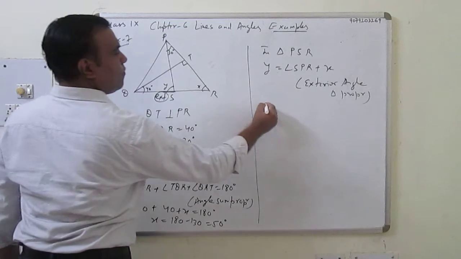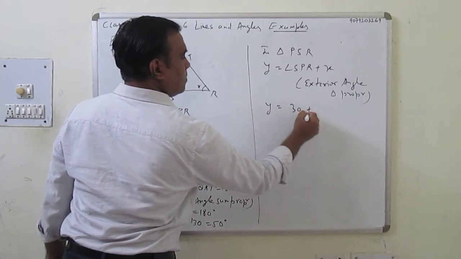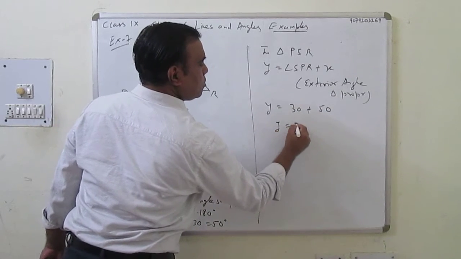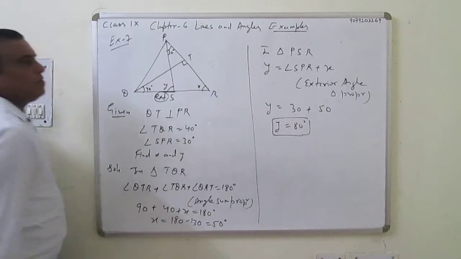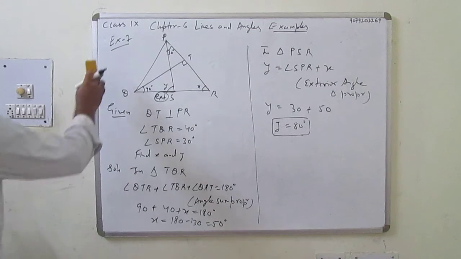Now Y is equal to 30 plus X, which is 50, so Y is equal to 80 degrees. Y is 80 degrees.